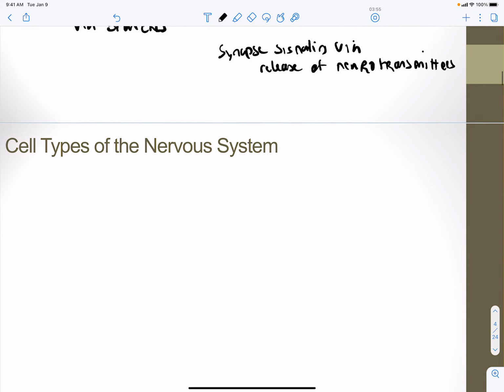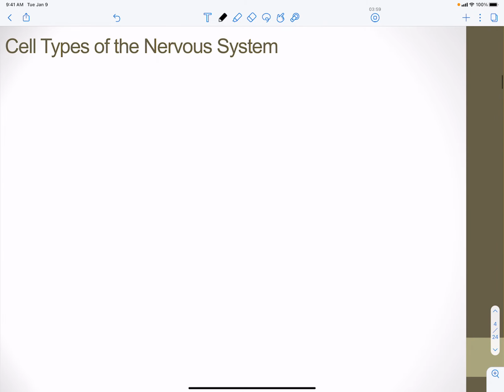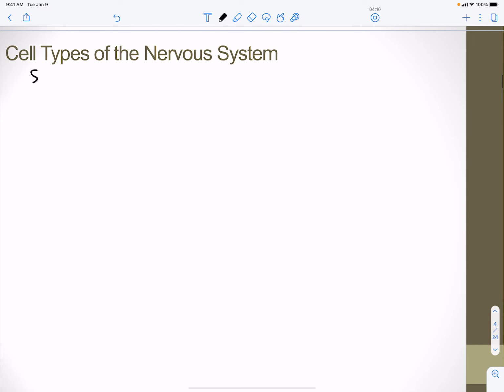Okay, and so let's just talk a little bit about the different cell types. We have our supporting cells. So neuron, of course, is the first cell type. And then we have our supporting cells, which are called neuroglial cells.